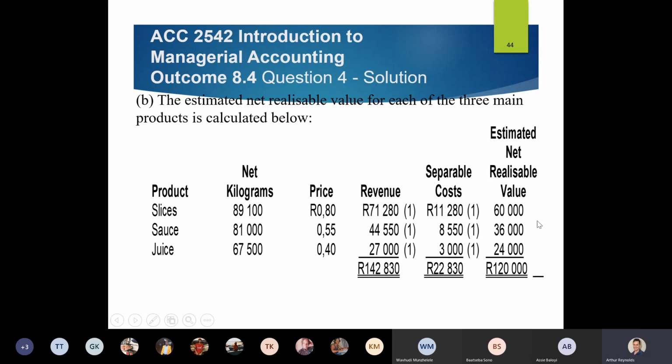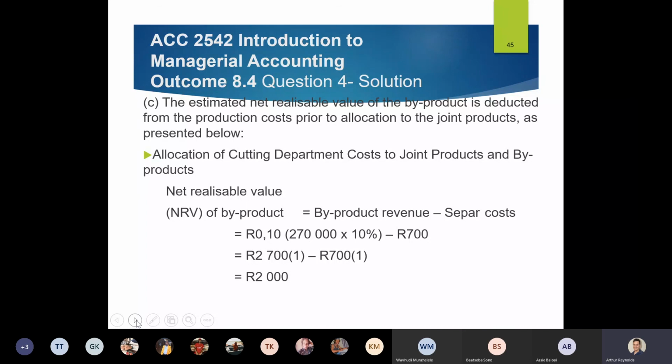Because we've calculated the net realizable value, we're now able to use these ratios, 60,000 out of 120, 24 out of 120, to allocate the joint cost to the different products. But before we do that, we need to calculate the byproduct, because we need to deduct the net realizable value of the byproduct from the joint cost. So from the 60,000 Rand joint cost, we deduct the byproduct. The byproduct revenue is 270,000 times 10% times 10 cents, less the 700 separable cost, so it gives us 2,000 Rand.